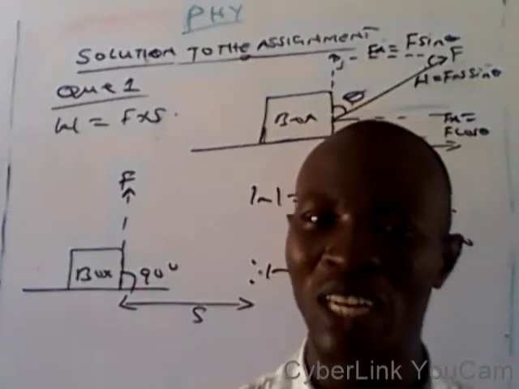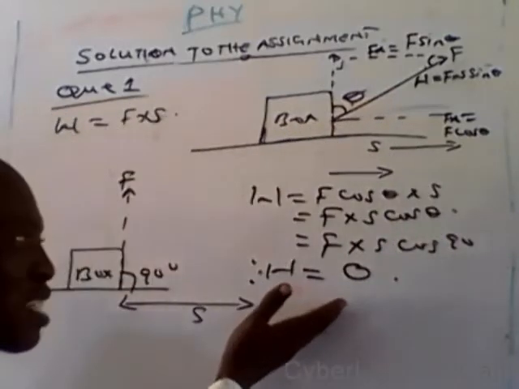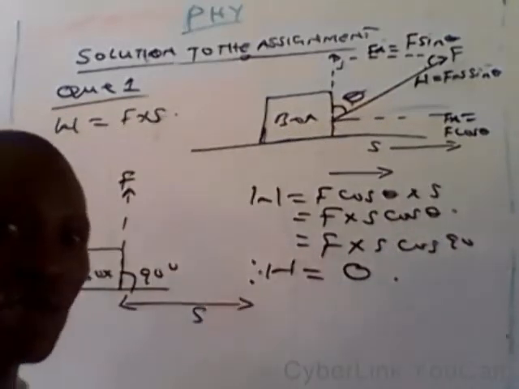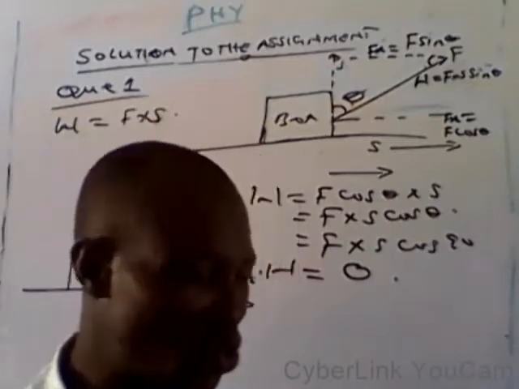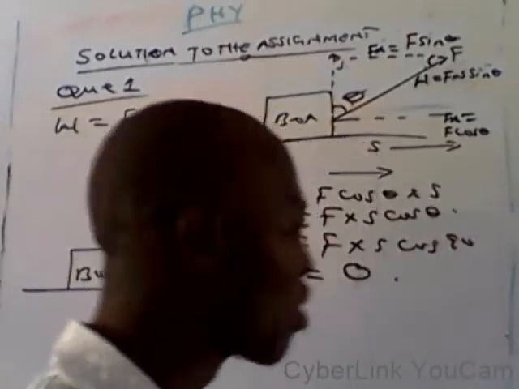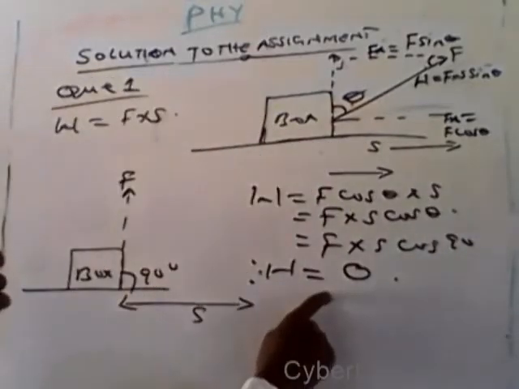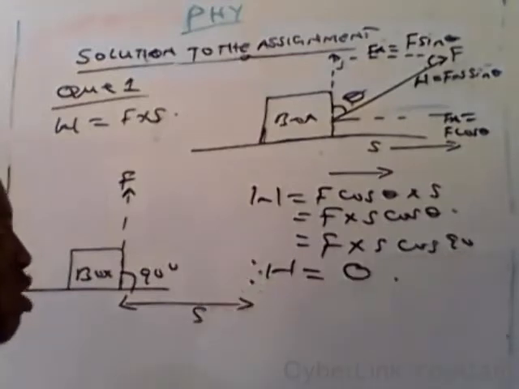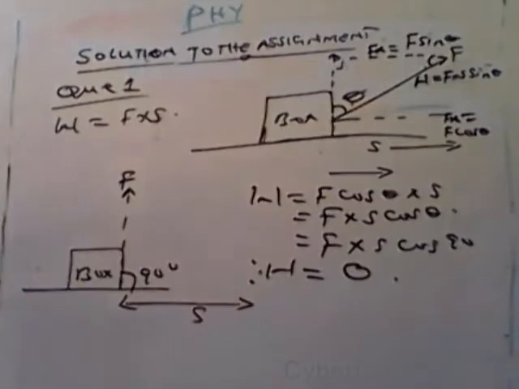No work will be done on it, and it has been proven mathematically that the work done by that force is 0, because it's perpendicular to the direction of motion of that object. So we have cos 90, and W will automatically be 0. So that's the answer to question 1. The simple explanation is that the work done by that force will be 0.